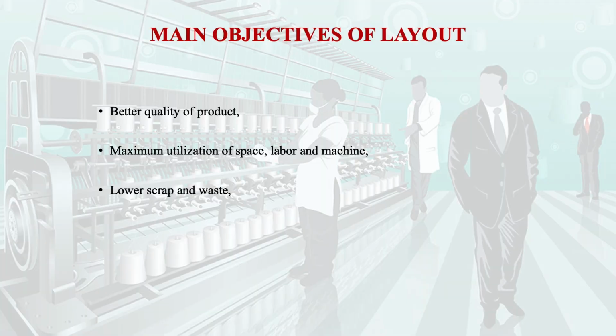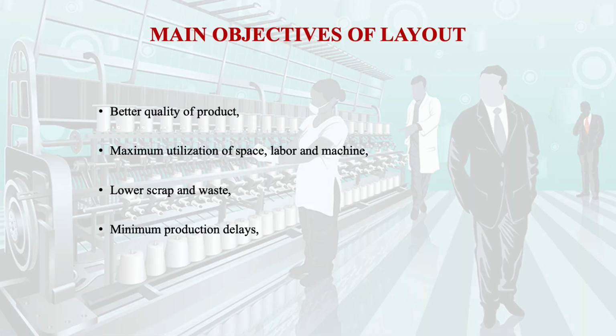Our facility should be arranged in such a way that we can make maximum use of labor and machines. Third is lower scrap and wastage. We have to minimize the wastage. If we keep the inventory and the facilities in a proper way, our scrap can be lower, and we can minimize waste.